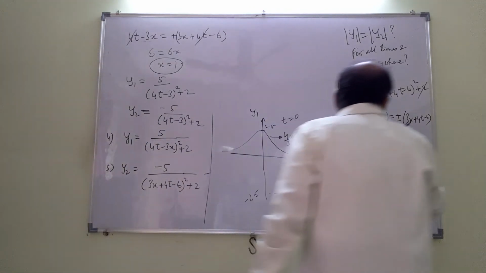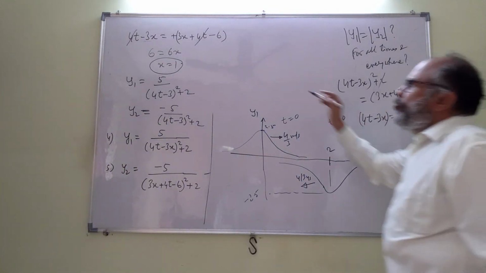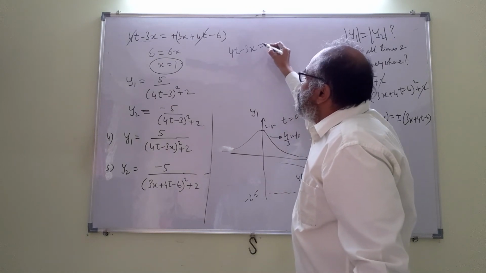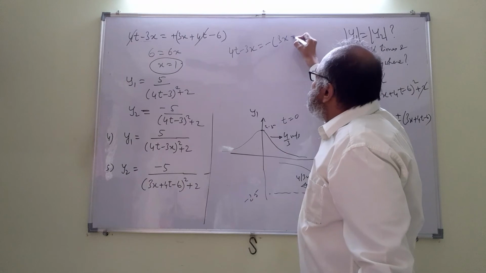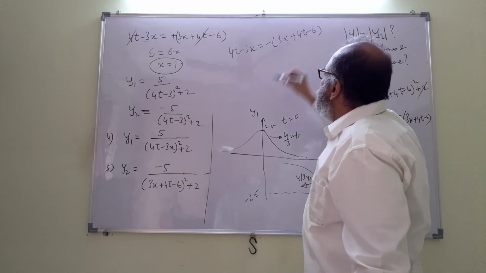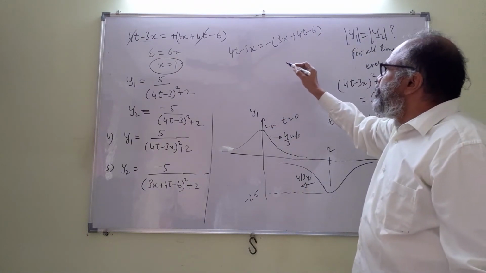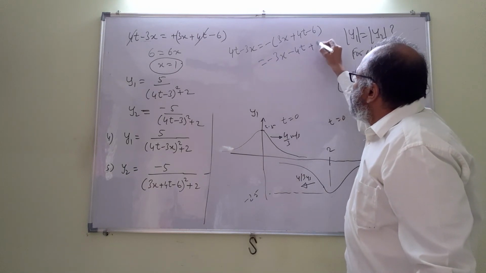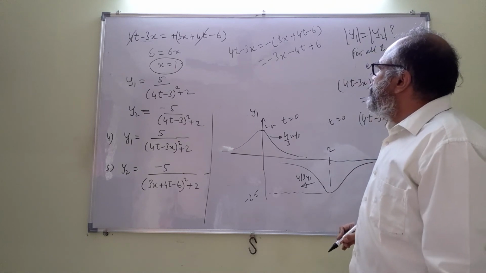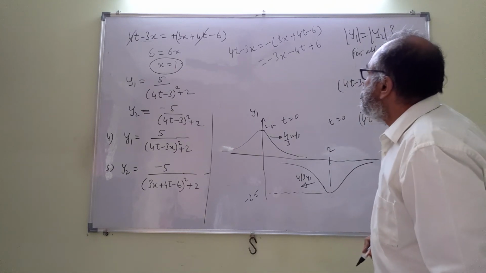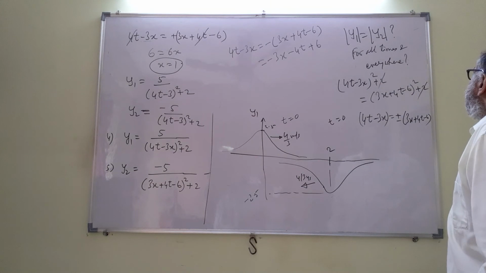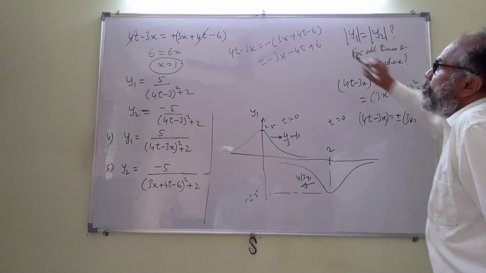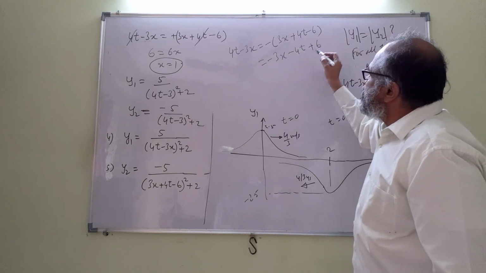Let us take the other equation: 4t minus 3x is equal to minus (3x plus 4t minus 6). So here you will have this as minus 3x minus 4t plus 6.